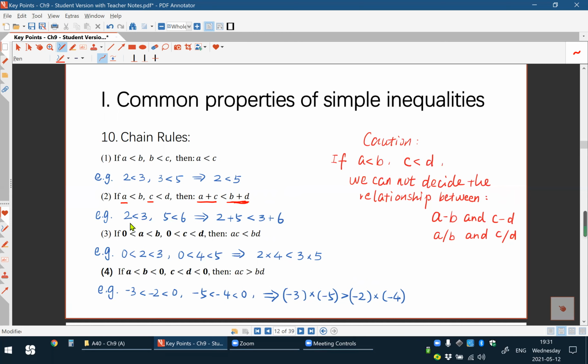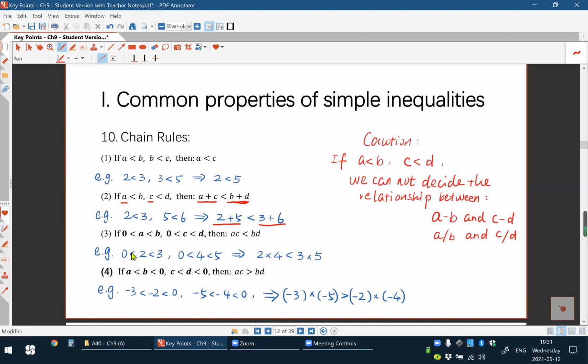For example, we know that 2 is smaller than 3 and 5 is smaller than 6. So that means if we add the left-hand side, which is 2 plus 5, this should be smaller than adding the right-hand side, which is 3 plus 6.